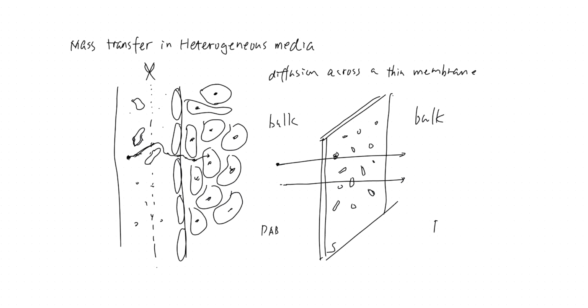Now, if you treat the membrane itself as a medium, and a medium can be a gas, a liquid, a solid, or a membrane, the membrane occupies a physical space and is a medium. Then we ask: what is the effective diffusion coefficient for the membrane? That's what we are going to ask.